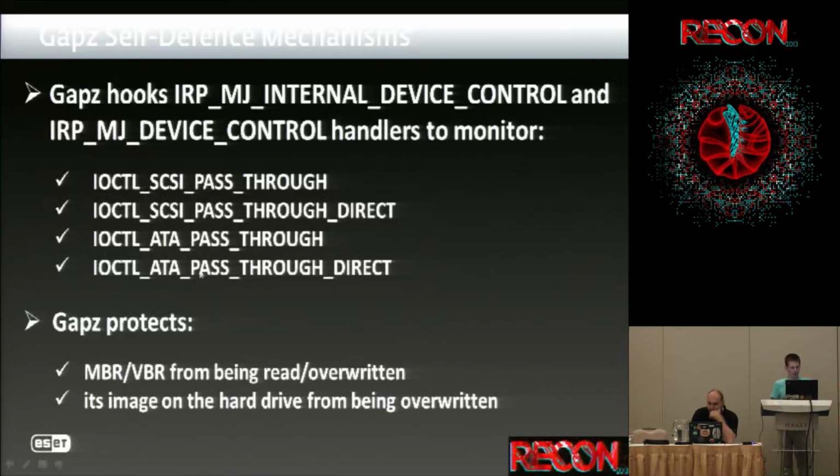We can see here the MBR because one of the earliest modifications of Gapz we spotted was MBR based. And this talk was concentrated mainly on the VBR because this is far more interesting. And it protects its image, the kernel module on the hard drive, from being overwritten.